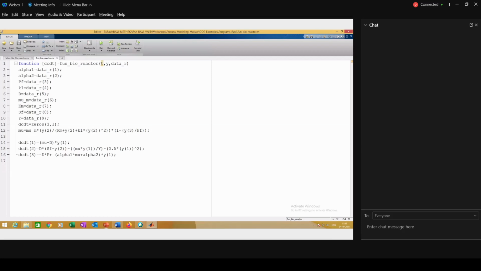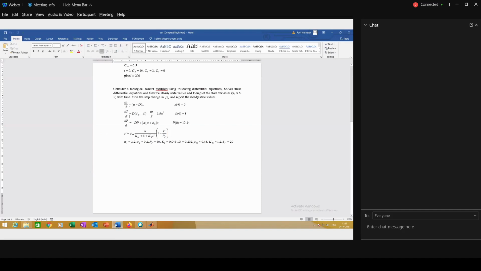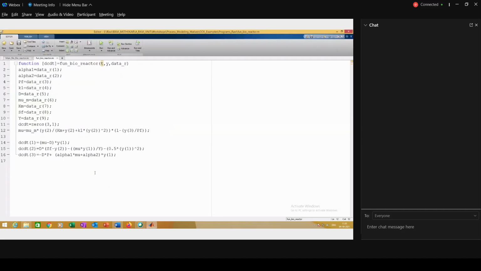Wherever the variables like x, s, and p come, I will put y1, y2, y3. That is the way I coded it. Let's run it first. I will wait here for 1 or 2 minutes. If you have any problems, you can ask me or type on your screen.